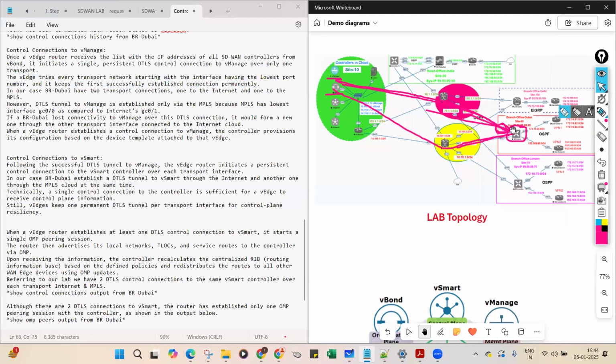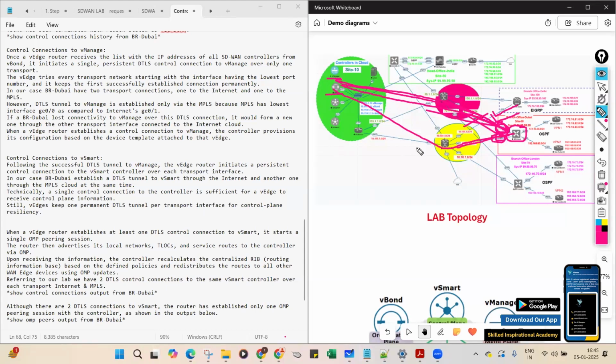So in our case, let's say we have GI0/0 and GI0/1. So it will initiate the connection with GI0/0 first, and if that is successful, it will keep it as it is. And if that is unsuccessful, it will use GI0/1 to form the connection.